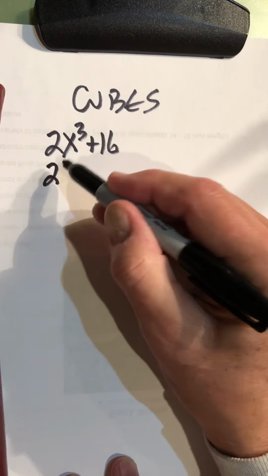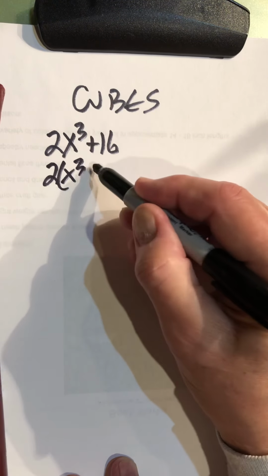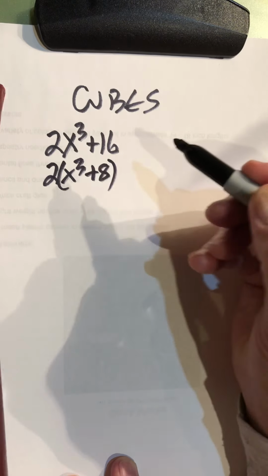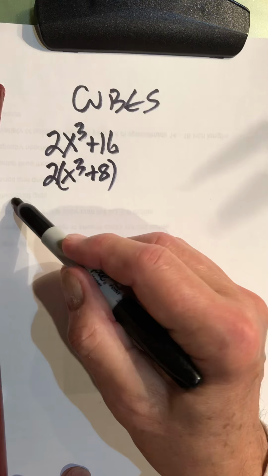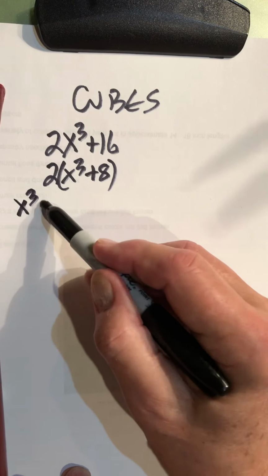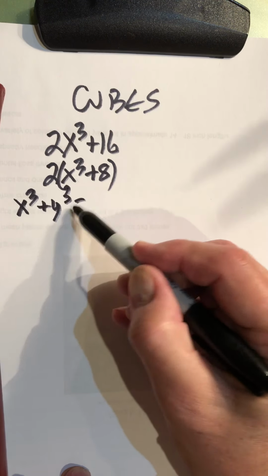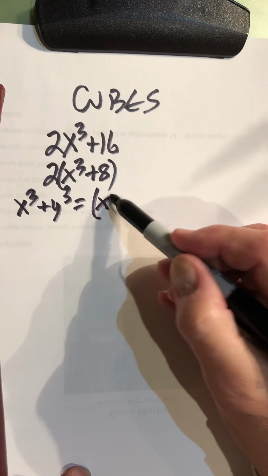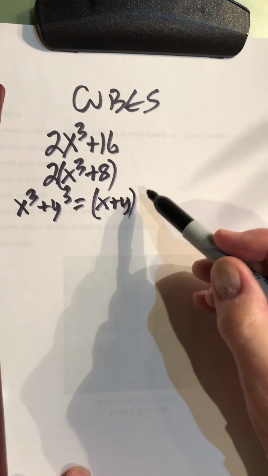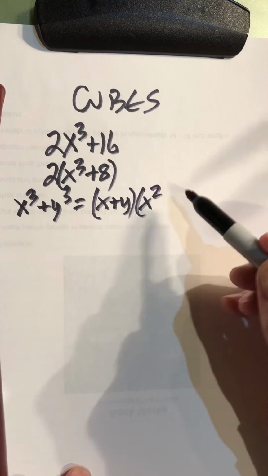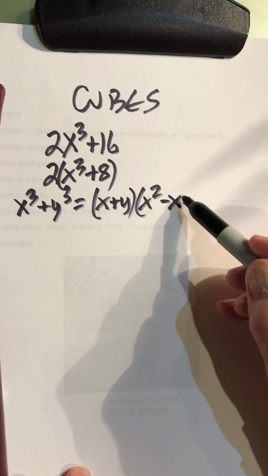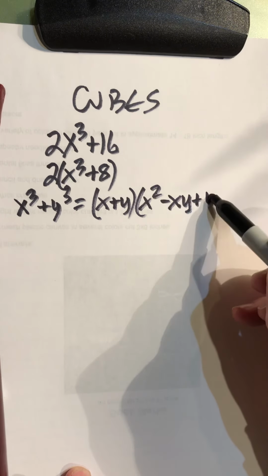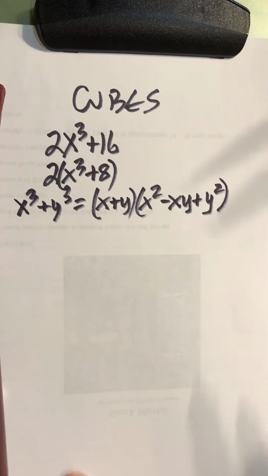Yes, 2. That becomes x cubed plus 8. All right, well, I've got to remember my formula. X cubed plus y cubed equals x plus y times x squared minus xy plus y squared. And I've written that in the instructions. Guys, you've got to remember that.